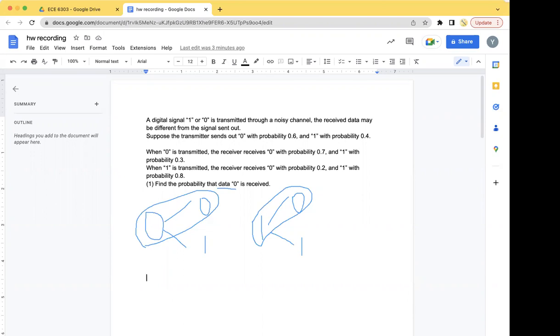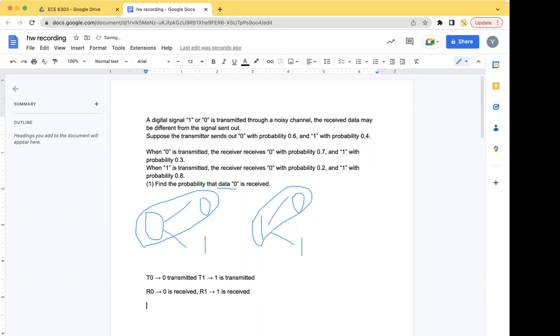Let us first clarify that we will use T0 to denote 0 transmitted, and T1 means 1 is transmitted, R0 means 0 is received, and R1 means 1 is received.